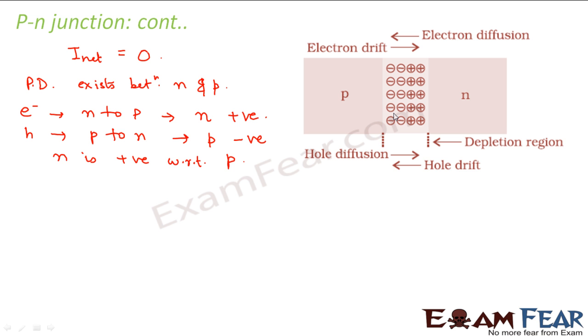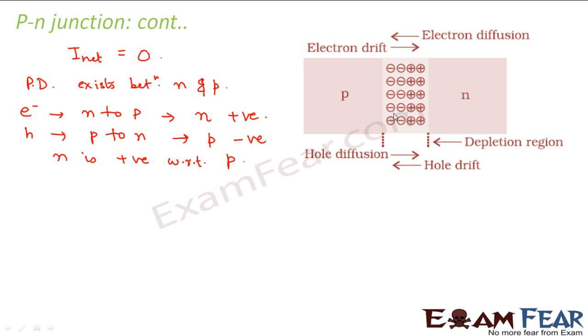At the same time, as diffusion continues, the potential difference between N and P also increases. So at a certain point, the width of the depletion region is such and the potential difference between N and P is such that it does not allow further diffusion of majority charge carriers, right? So at that point, we say that the PN junction is at equilibrium.